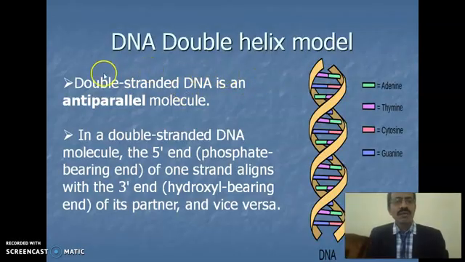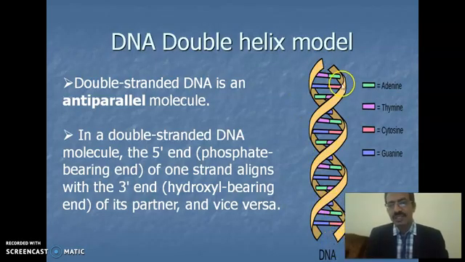So now we look into the double helical model of DNA. As per the proposal of Watson and Crick, there are two strands of DNA. Both are arranged in an anti-parallel manner. Here, one end of the strand is called the 5' end, and the other end of that strand is called the 3' end.